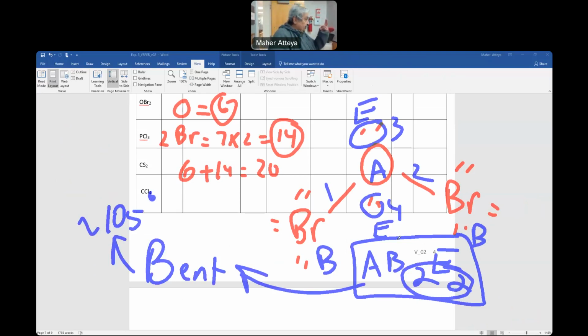In this case, we have 2 single bonds and 2 lone pairs. And the angle is 105. Now, the question is, is it polar or non-polar? Polar. Why? Because of the lone pairs. Blindly, if I have lone pairs on the central atom, this molecule has to be polar.